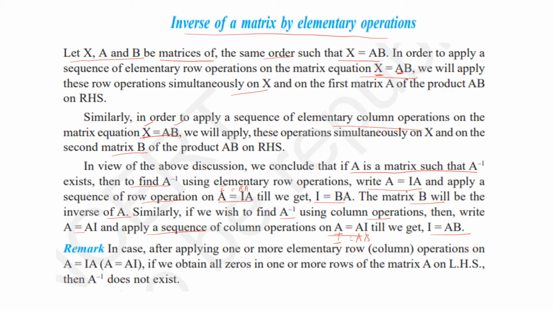In case one or more of the elementary row or column operations are applied on A is equal to IA, or A is equal to AI, and we obtain all zeros in one or more rows of the matrix, then we say that A inverse does not exist.